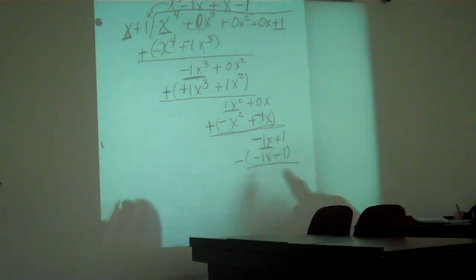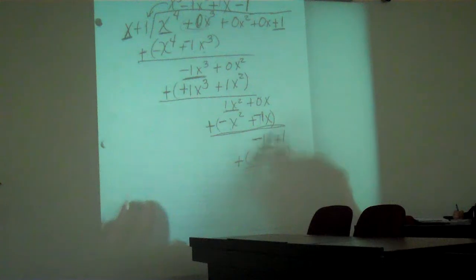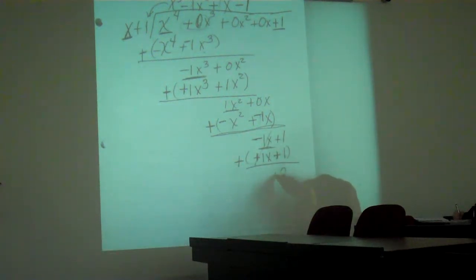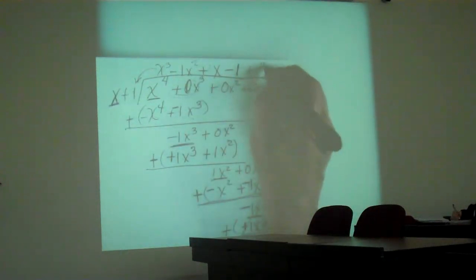So we're subtracting. Change the subtracting to adding the opposite. So it cancels. 1 plus 1 is 2. That's a positive 2. So that would be plus just the 2 over x plus 1.